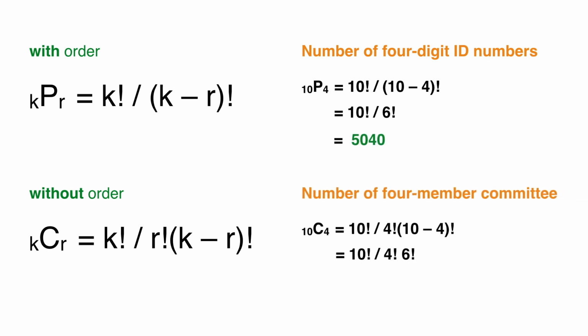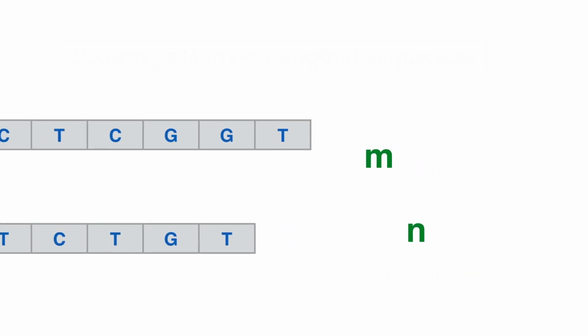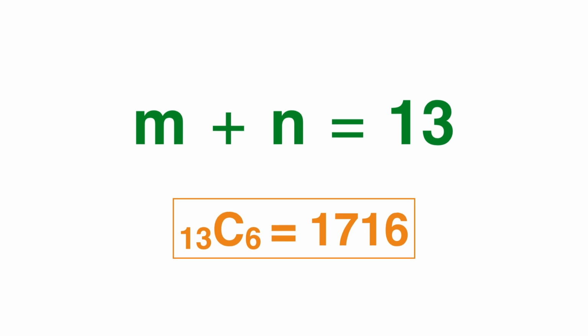On the other hand, the number of possible 4-member committees, to be computed with the formula for combinations without order, is 210. This is a number of alignments between the sequences that we have used for illustration, a surprisingly large number for a rather short pair of sequences.